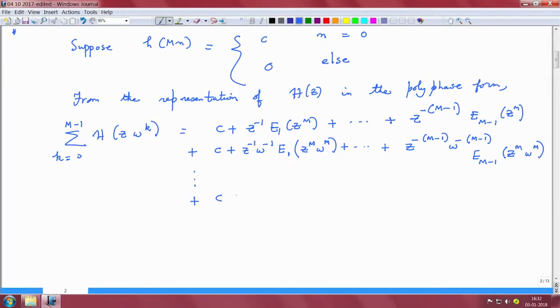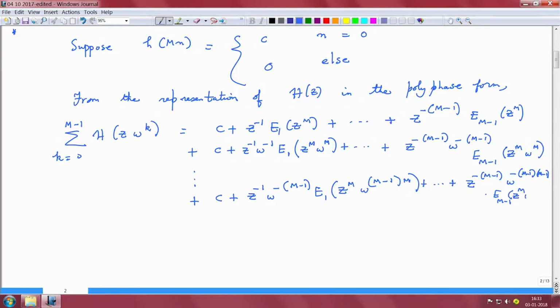So, you have c, this is a DC term, plus z power minus 1 omega power minus of m minus 1 E1 of z power m omega power m minus 1 times m plus dot dot dot z power minus of m minus 1 times omega power minus of m minus 1 times m minus 1 times E subscript m minus 1 of z power m times omega power m minus 1 times m.